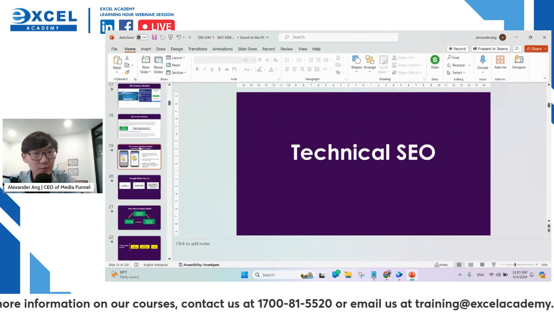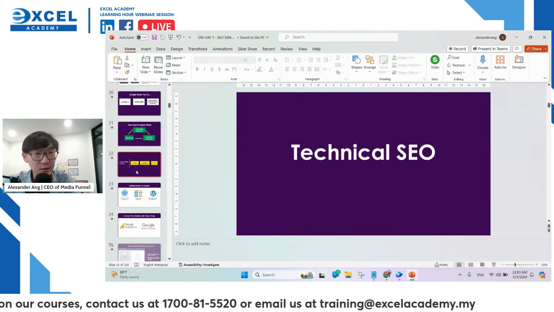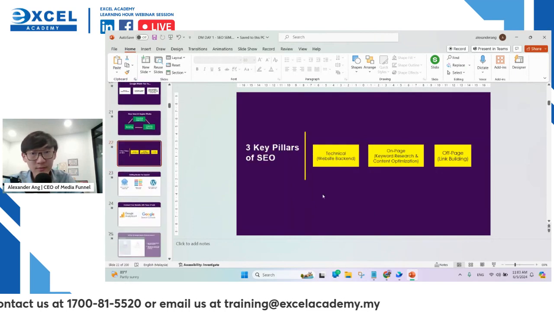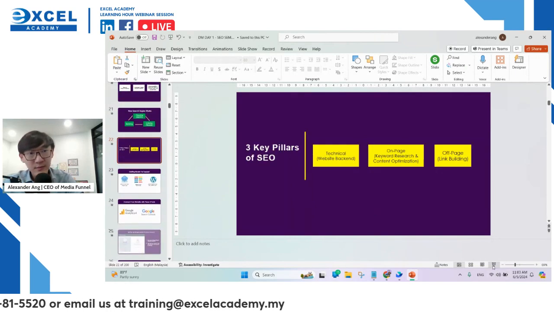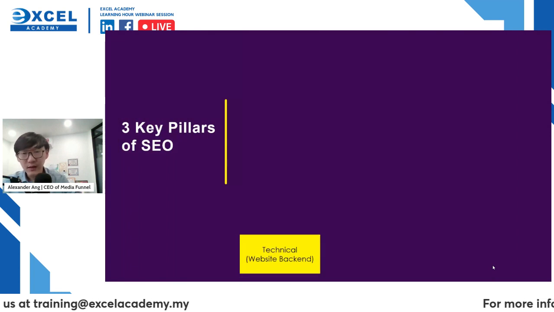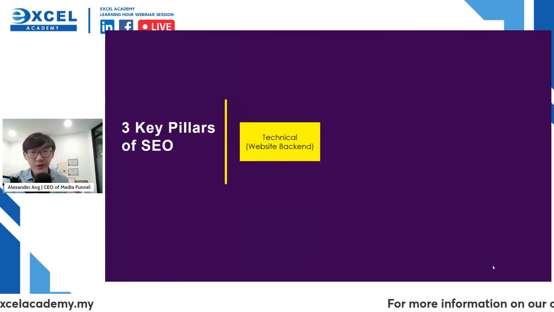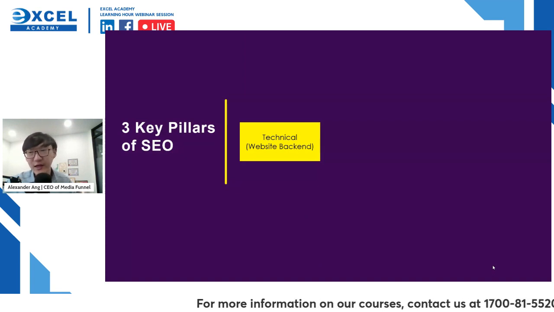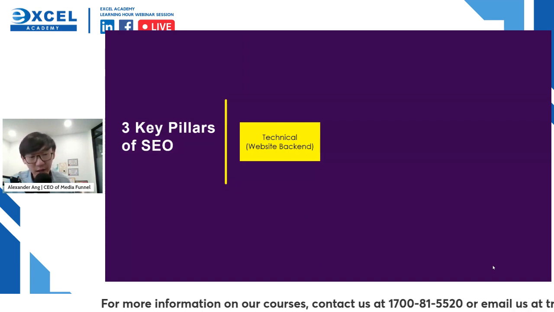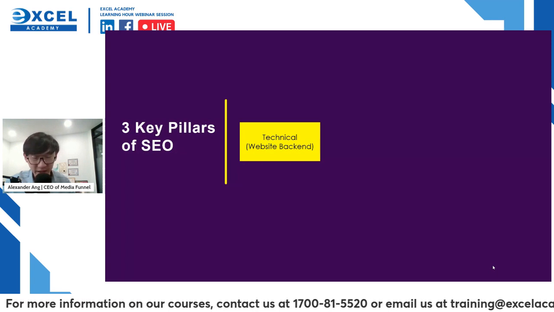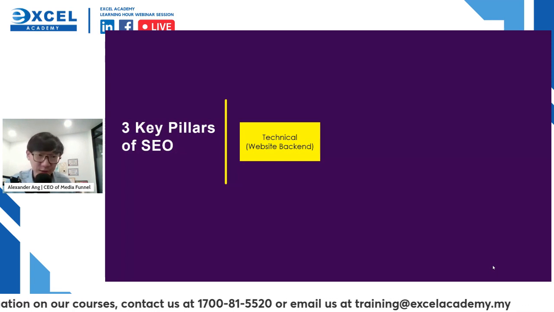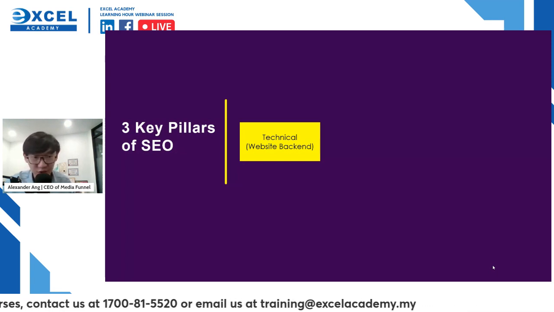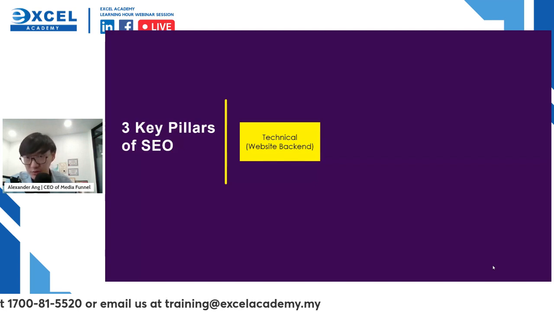Let me just go up and share with you. The one that we will focus on, technical SEO. Technical SEO basically means to enhance the overall UI, UX of your website to ensure it is user-friendly for the search engine to rank you higher on Google.